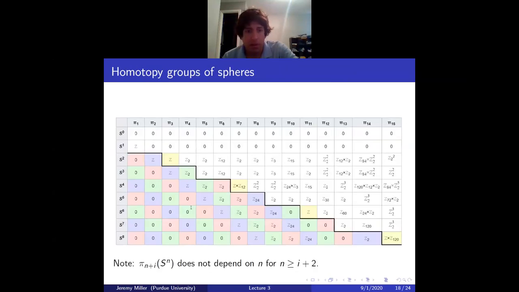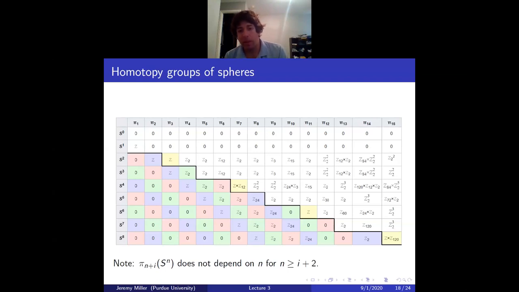So what we're going to do next time is say that S^3 is like a higher analog of the universal cover of S^2. In particular, it's going to have the same homotopy groups starting at pi_3, but now it's one more connected.